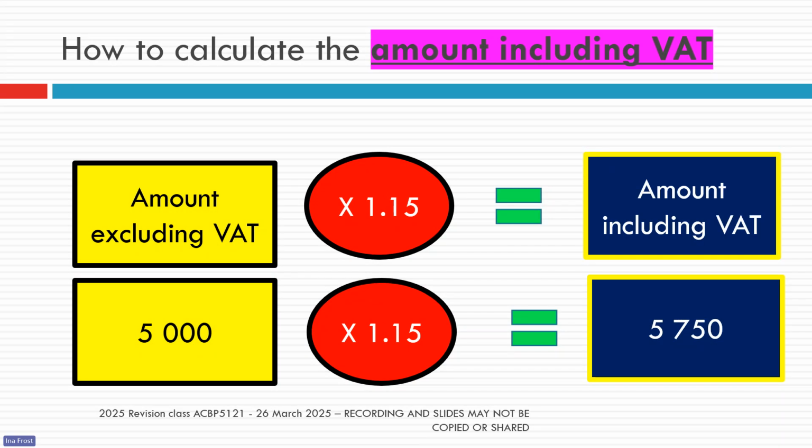Now, I just want to stress, I'm showing you just the basic VAT calculations, but if your lecturer has shown you a different formula, or maybe at school you were taught different formulas or different ways to go from an amount excluding VAT to an amount including VAT, and your formula is giving you the same answers as mine, so if you say 5,000 rand excluding VAT and you apply your formula and you still get to 5,750, then my job today is not to confuse you or to bring in new formulas when you don't need it.